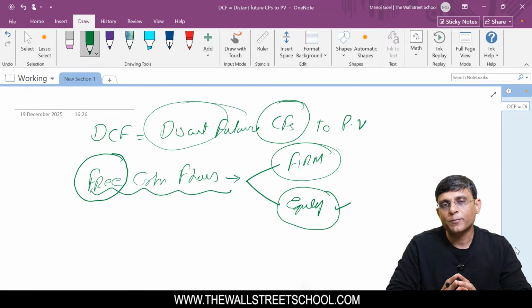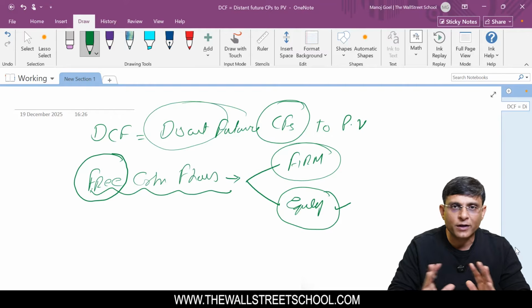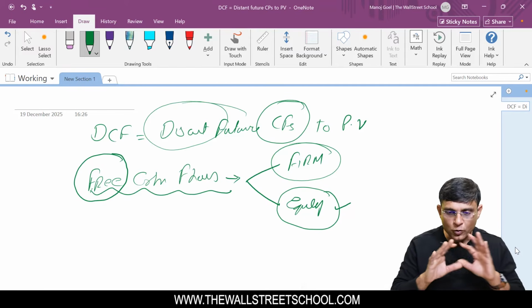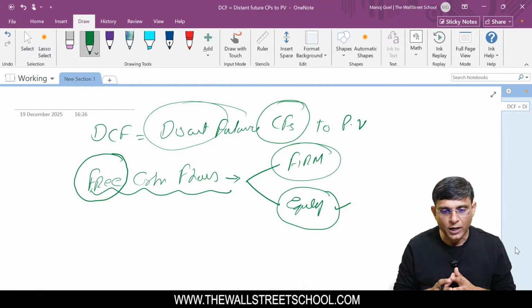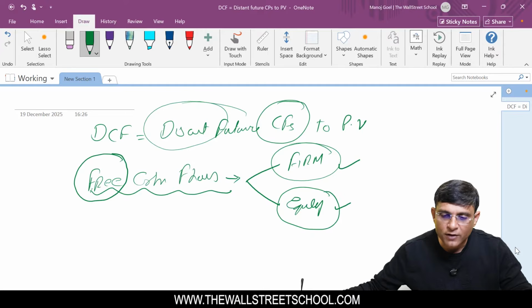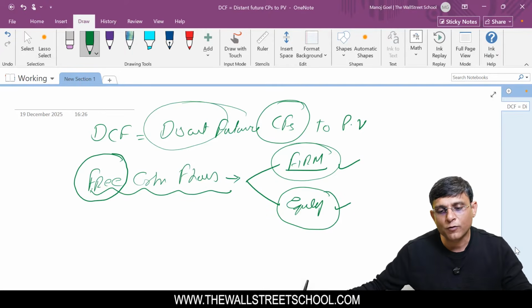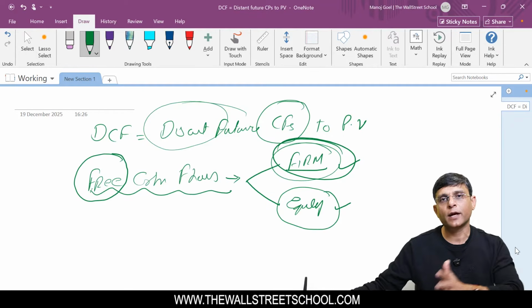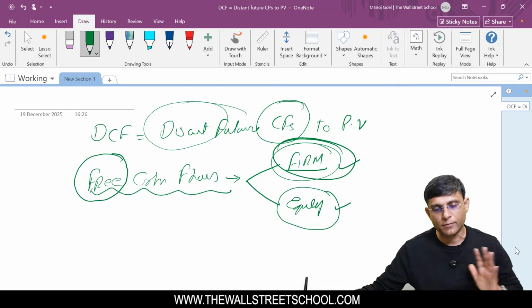The reason being, by discounting all the future cash flows which are not affected by the capital structure of the company, meaning how much capital the company has borrowed from debt and equity, FCFF will give you a better picture of the company's earnings, because it is not impacted by the difference in capital structure from one company to another.